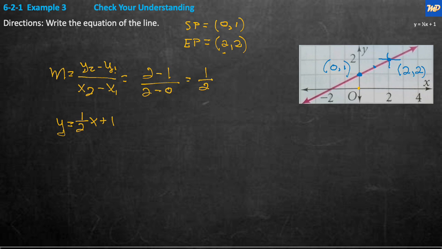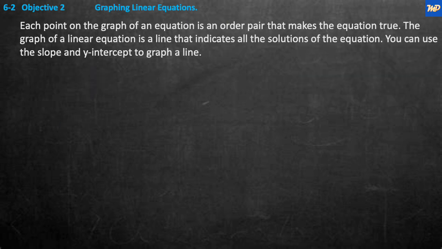Okay, objective 2, graphing linear equations. Each point on a graph of an equation is an ordered pair that makes the equation true. The graph of a linear equation is a line that indicates all solutions of the equation. So you can use the slope and y-intercept to graph the line.